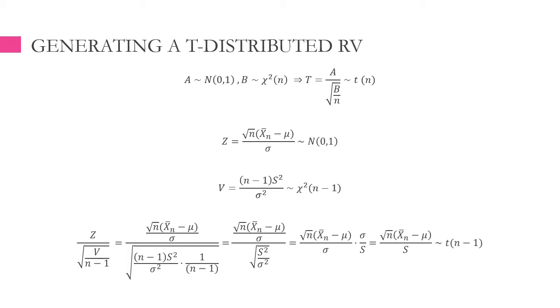So there's this relationship between z's and t's, where our z value is our sample mean minus our population mean divided by our population standard deviation, but our t value is our sample mean minus our population mean over our sample standard deviation.